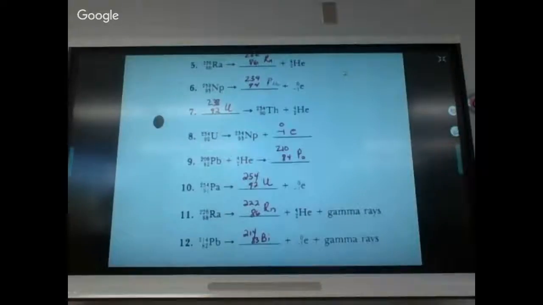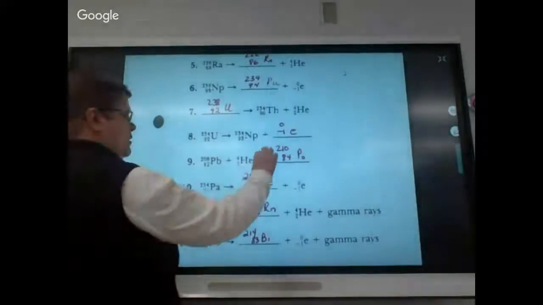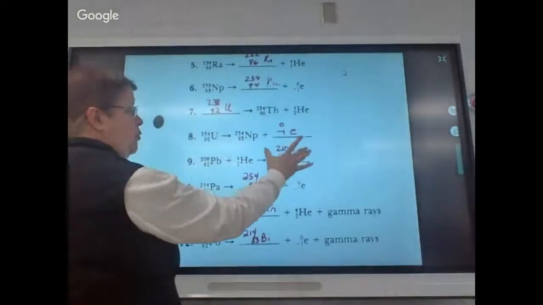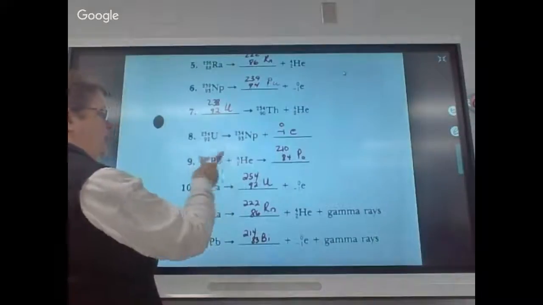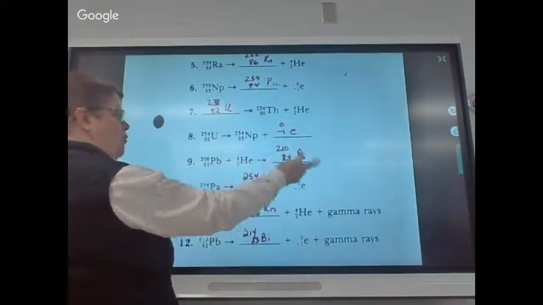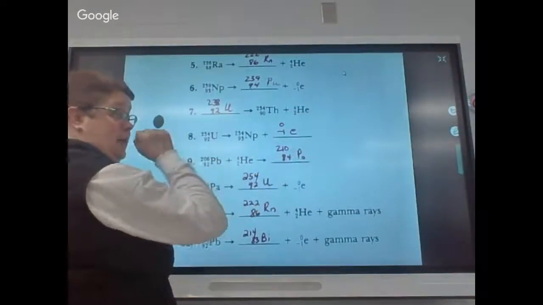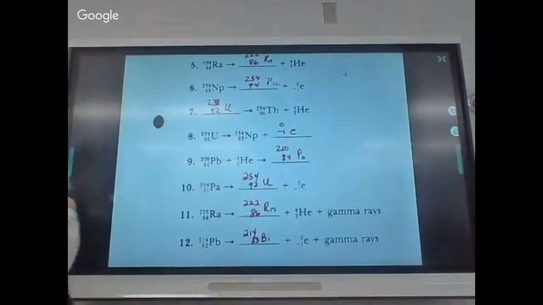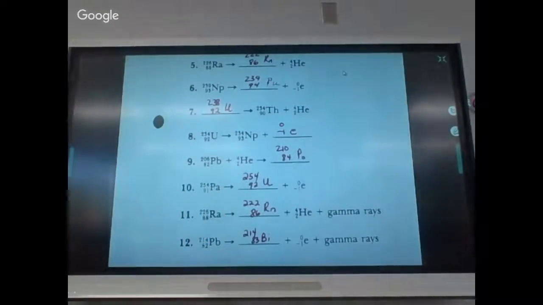Oh, I see it. The arrow is essentially an equal sign. So whatever is on this side has to equal what's on this side. These two are both on the same side. They have to equal whatever's on this side. Does that make sense? Yeah. Okay. That's Po. Yeah, that's Po.